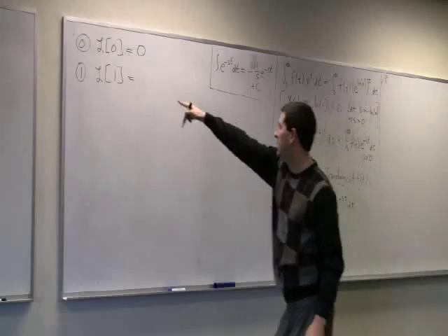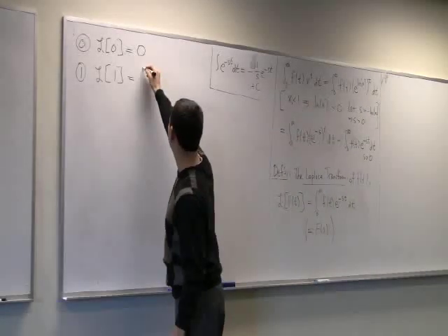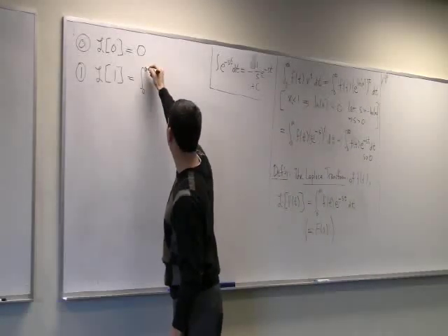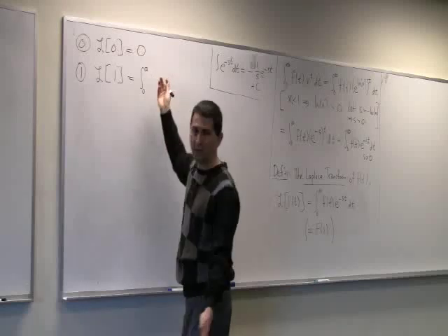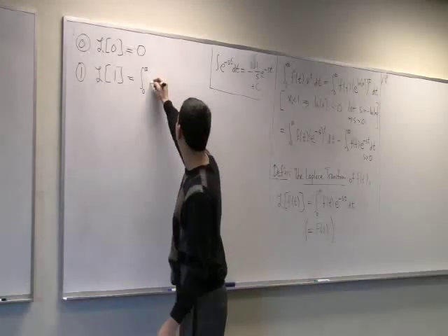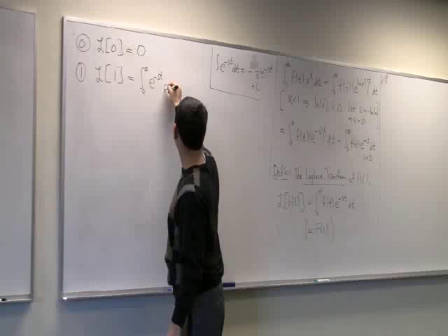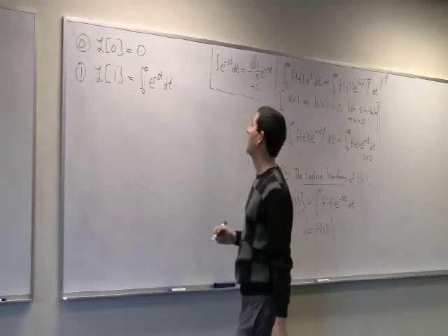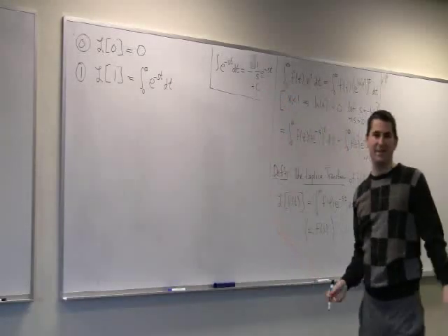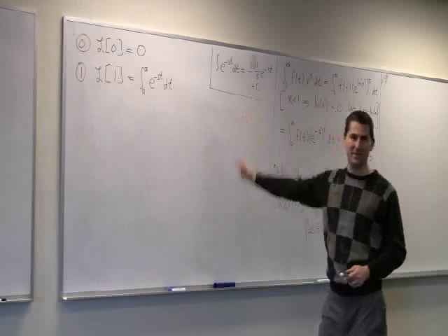All right, so the Laplace transform of 1, by definition, is the integral from 0 to infinity of 1, which I don't have to write, times e to the minus st dt. And now you can see it's already quite useful knowing this antiderivative.